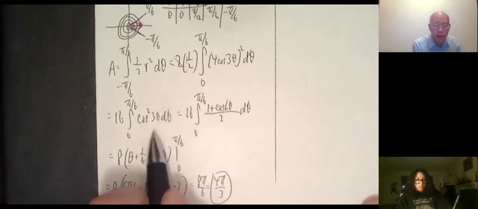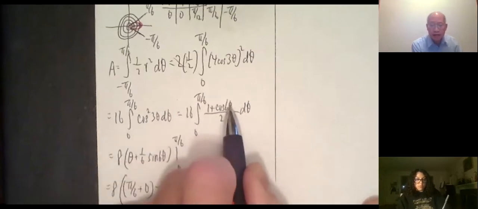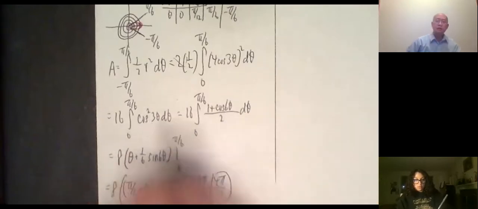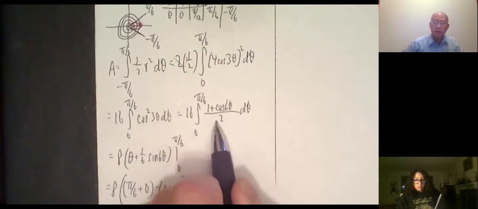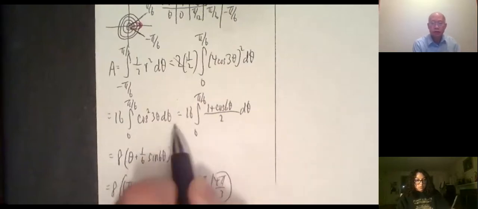In other words, I have to double this angle. What is double 3 theta? 6 theta. So cosine squared of 3 theta is 1 plus cosine of 6 theta divided by 2. Take your 2 with the 16, that'll give me 8, so that 2 is finished with.